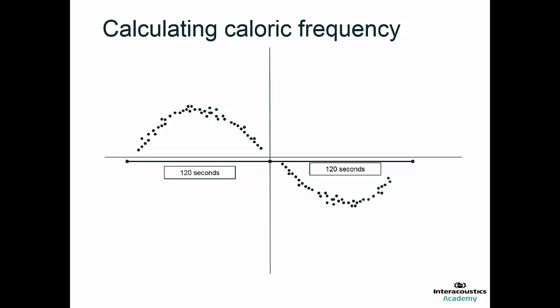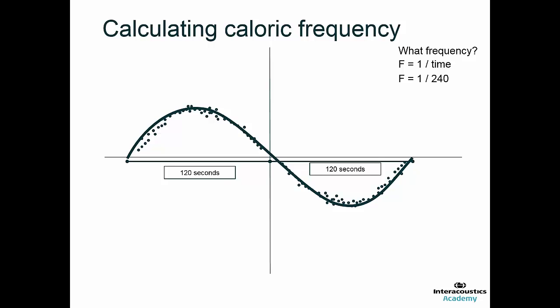When we think about frequency, of course, we're always thinking about cycles per second. And once we have a full caloric response from the left side and the right side using one stimulus, then we can create a sine wave. And then we can say that frequency is 1 divided by time.